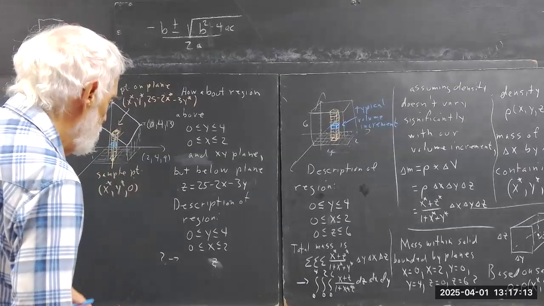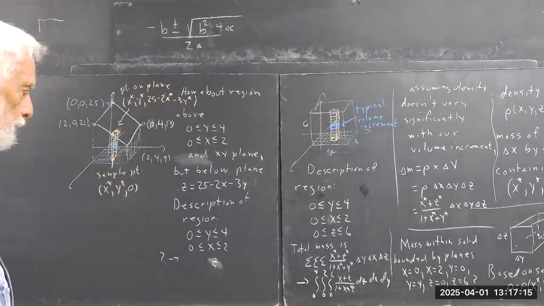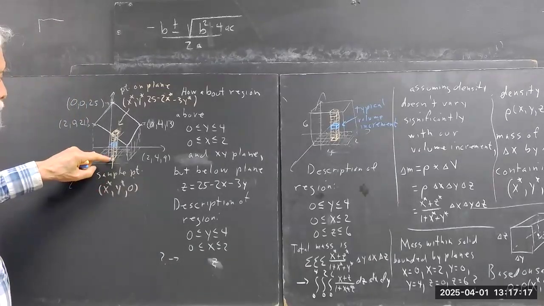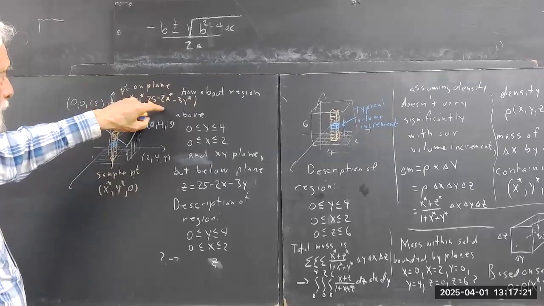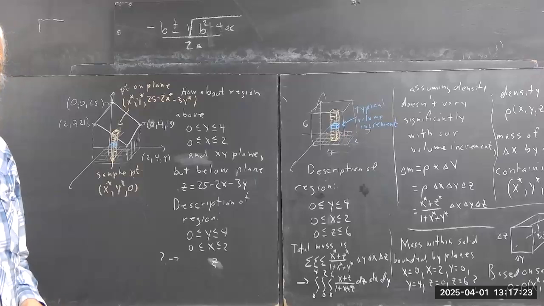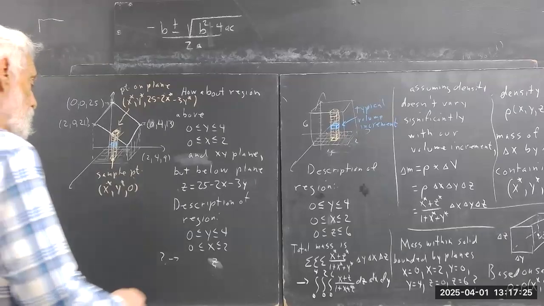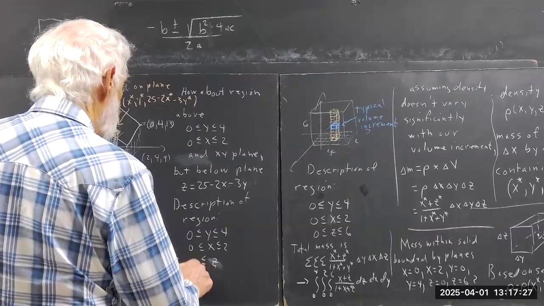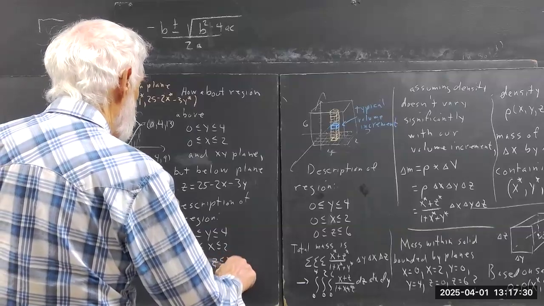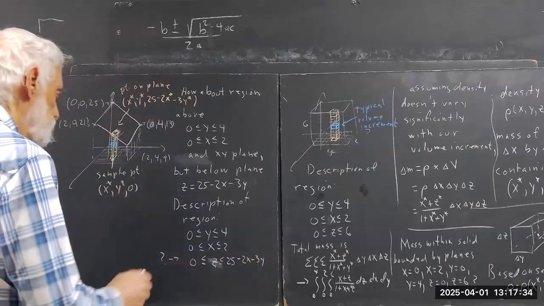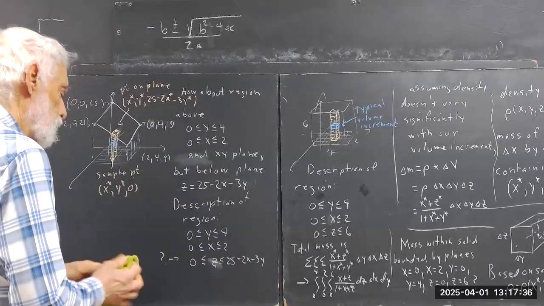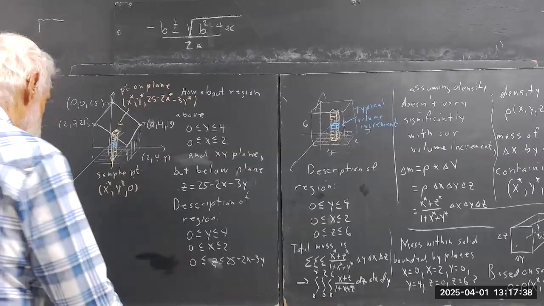So now it should be clear that z goes from 0 up to 25 minus 2x minus 3y, right? There's my description of the region.